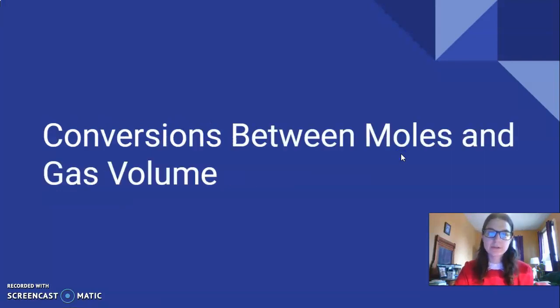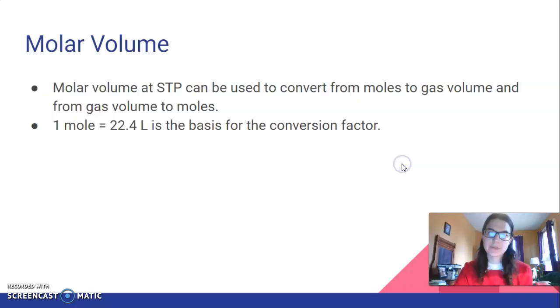First we're going to talk about conversions between moles and gas volume, which we kind of talked about in the last notes section that we did. Molar volume is the STP, standard temperature and pressure. It can be used to convert from moles of gas to volume and from gas volume to moles. 1 mole is equal to 22.4 liters at standard temperature and pressure.